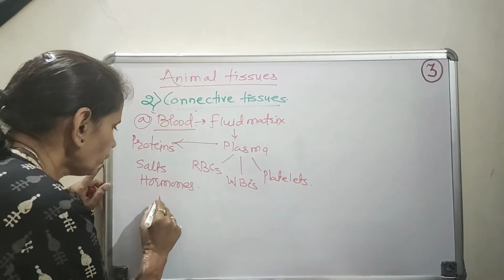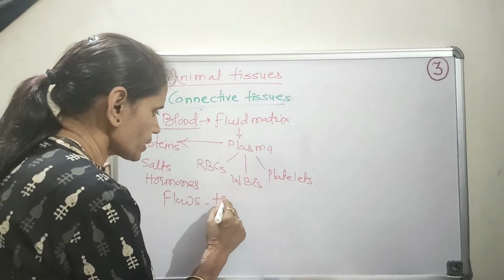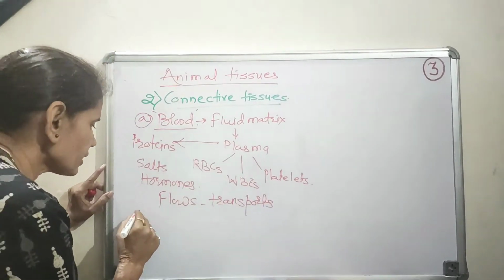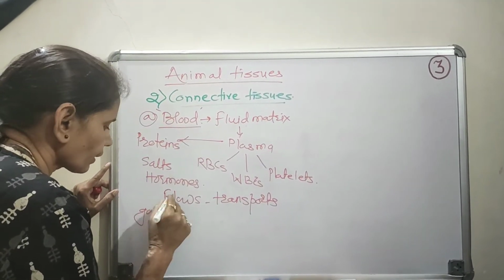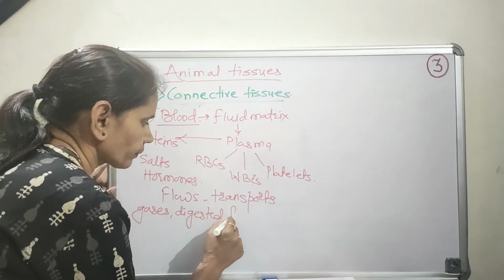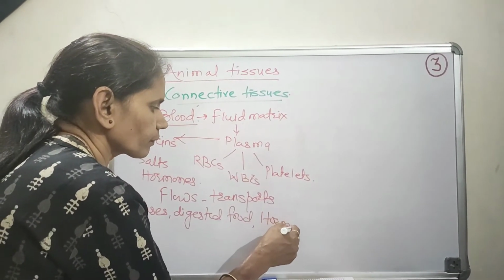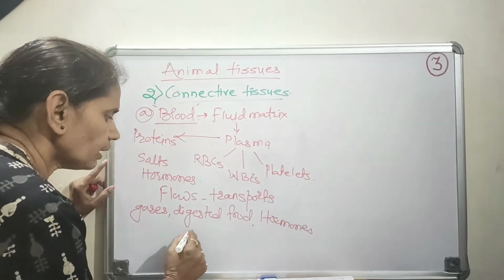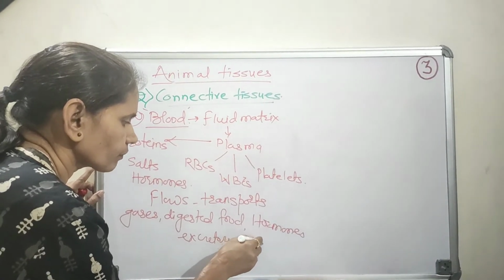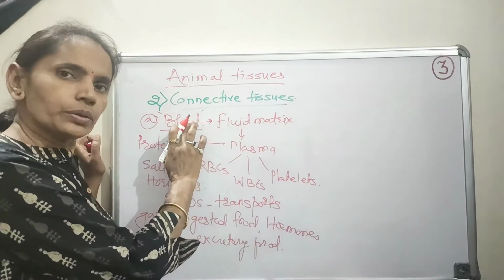Blood flows, and while flowing it transports different substances such as gases, digested food, hormones, as well as excretory products. All these are transported by this connective tissue, blood.